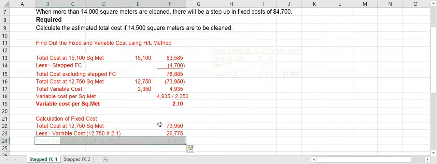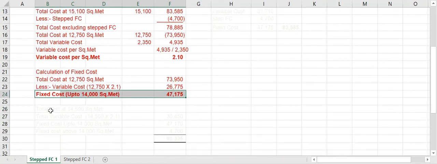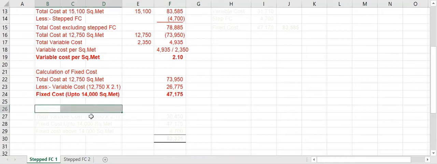So the fixed cost up to 14,000 square meters is 47,175.